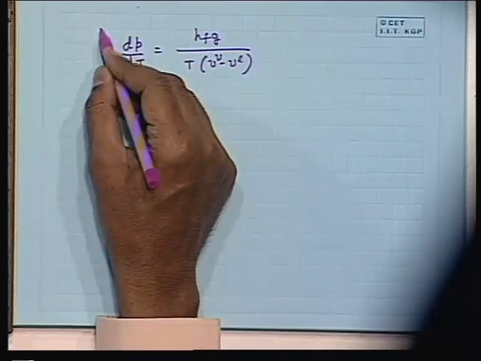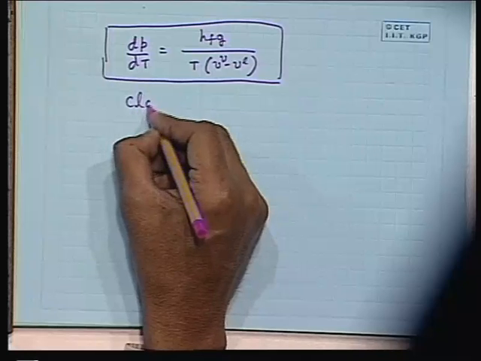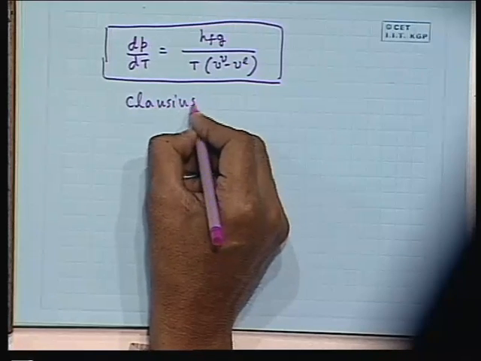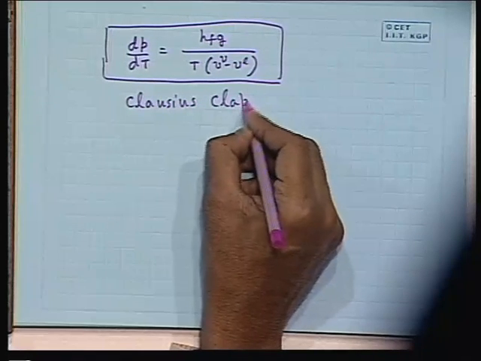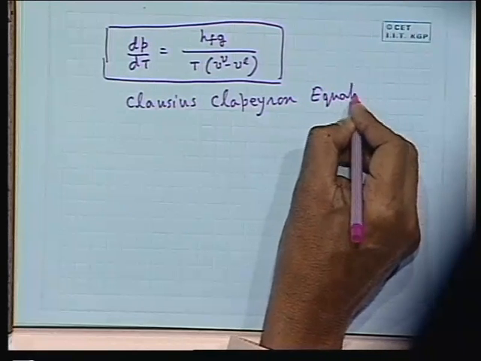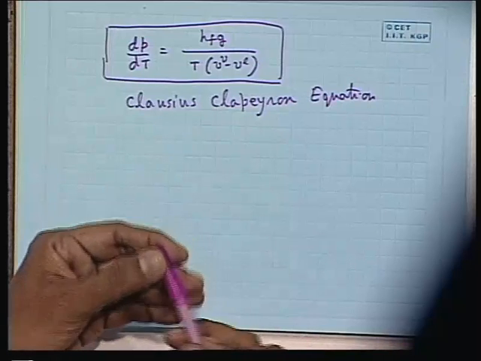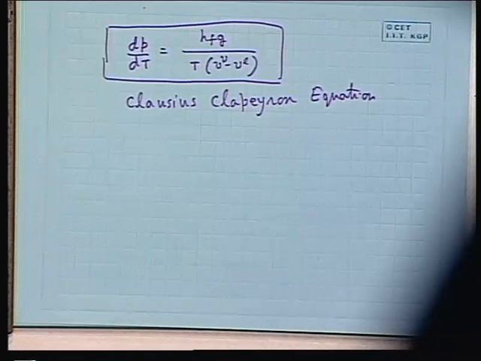So this equation is known as the Clausius-Clapeyron equation, named after these two scientists.